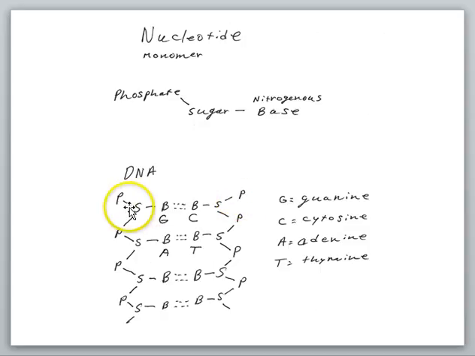There's another nucleotide. Go on down here, phosphate, sugar, base, another nucleotide. So the polymer is this long chain of nucleotides. And here's the specific nucleotides that we have in DNA. We have guanine is always bonded to cytosine. And then there's adenine, which is always bonded to thymine.